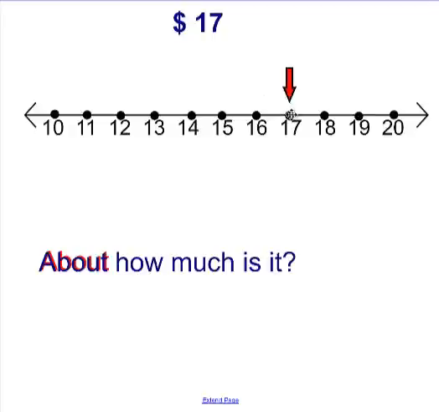Let's take a look now. 17 is only 1, 2, 3 away from 20, and yet, let me grab a pen, it is 1, 2, 3, 4, 5, 6, 7 away from the number 10. And it's only 3 away from the 20. So if we had to say about how much is it, we would say that it is about $20.